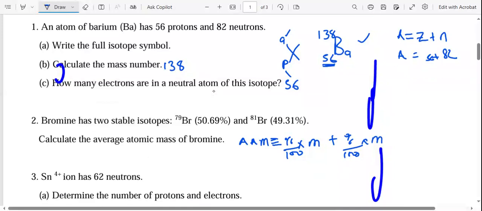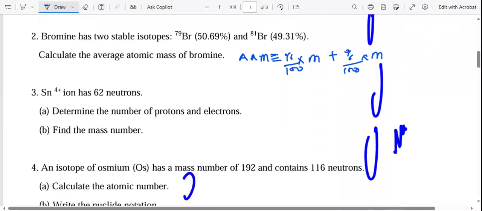Okay, let me just do this. This means that we have the percentage given for this one, 50.69. So you say over 100, then times the mass given, which is 79.